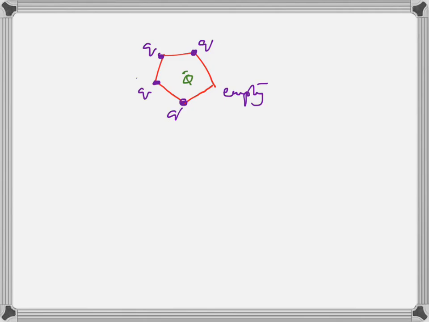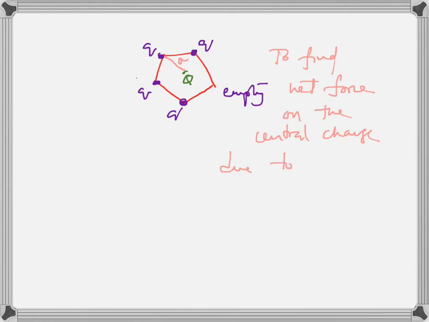Now this is the regular pentagon, and the distance of the central charge from each corner, this distance is A. So we have to find net force on the central charge due to the remaining 4 charges.